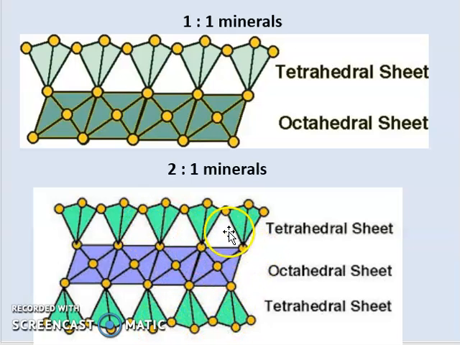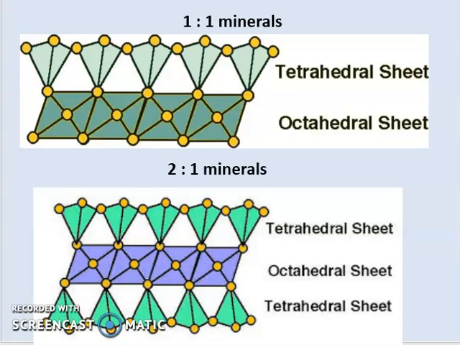So if you have an isomorphous substitution in tetrahedra, then you will have a high negative charge on the surface and potassium, for example, can be adsorbed. But if you have isomorphous substitution in the middle, the charge will be lower. So the charge is lower with isomorphous substitution in octahedra than in tetrahedra. Why?